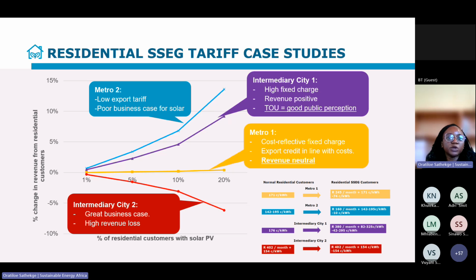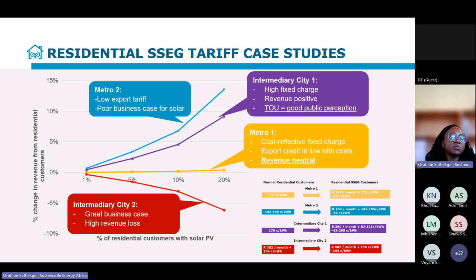With Metro 2, with the new tariffs that we've designed, as you can see from here, we had a low export tariff because it was about 10 cents per kilowatt hour. And this was a poor business case for our customers.